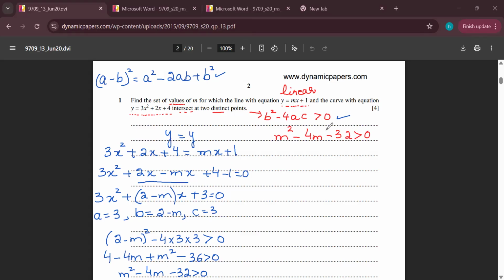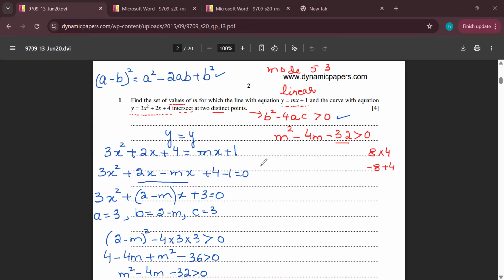One is the calculator way, mode 5-3, if you remember. The other one is the manual way where we do the breaking of the middle term. We take two multiples of 32 such that when we multiply, we get 32. So it is 8 into 4. And when we subtract we should get minus 4, so minus 8 plus 4.